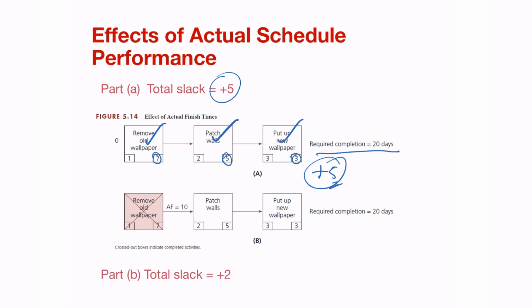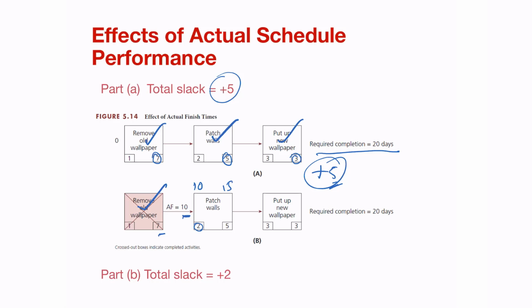Now suddenly we have a completed activity. We've completed this particular activity and the actual finish time was 10 days. It didn't take 7 days as we initially thought, which now means that activity number 2 starts on day 10. So its early finish is 10 plus 5, which is 15.